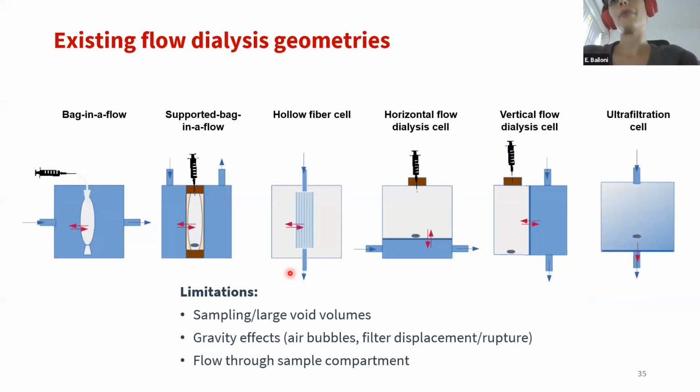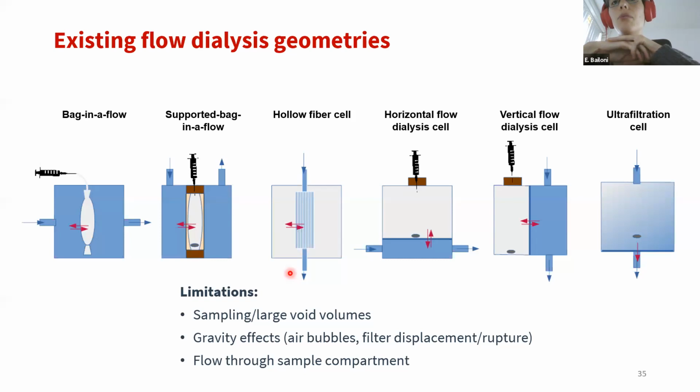So we looked in the literature, and there are some examples of setups for flow dialysis. Really, the simplest method that you can envision is just a dialysis bag that is sealed and is placed into a beaker with flow applied to it for constant feed. However, all of these setups had some limitations for our particular application, at least.